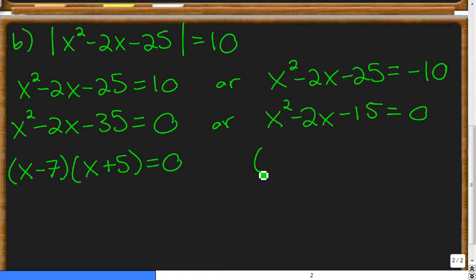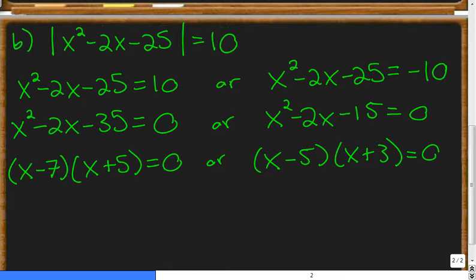This side I'm going to get x minus 5 times x plus 3 equals 0.